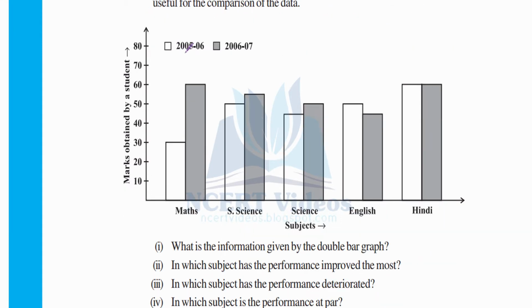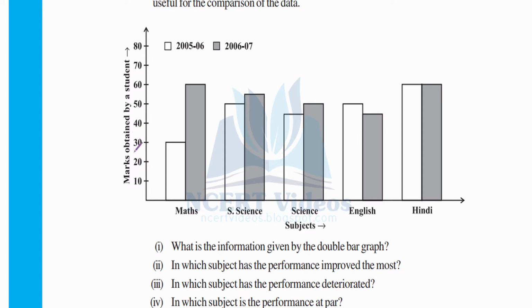So here are the hints. For 2005 and 6 we have colorless bar graph drawn, and for 2006 and 7 we have darker bar graph drawn. So let's study the first question. What is the information given by the double bar graph? Well, we observe on the x-axis we are provided with the 5 different subjects, and it is being compared for the years 2005 and 6 at the same time, and the number of marks obtained by a student.